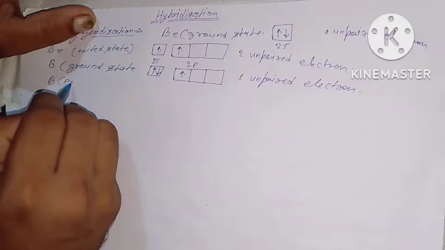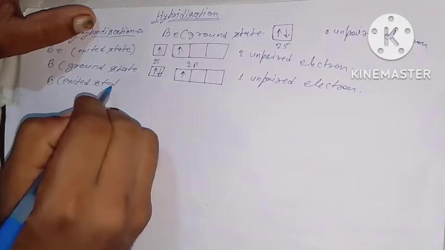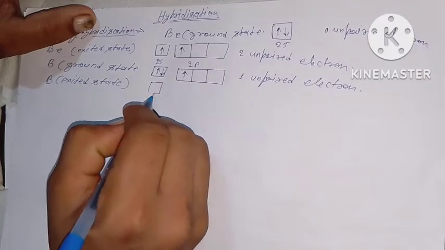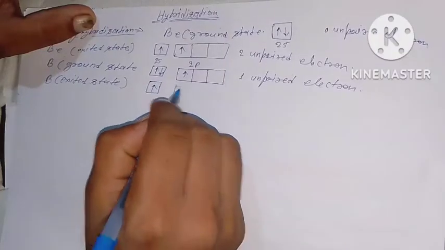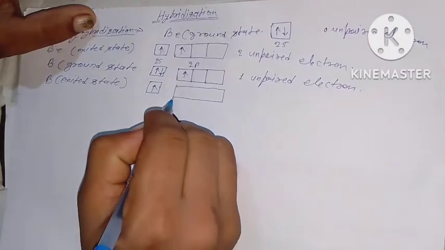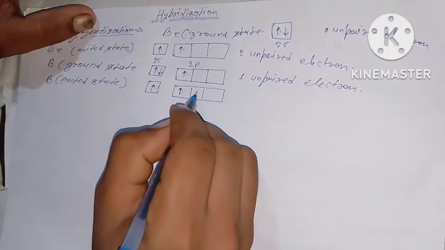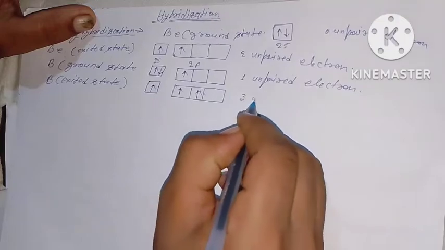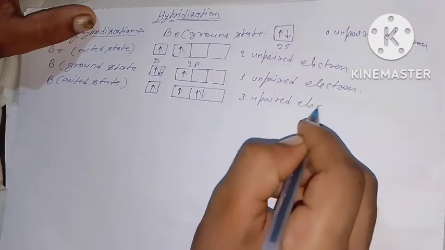Boron, excited state, 3 unpaired electrons.